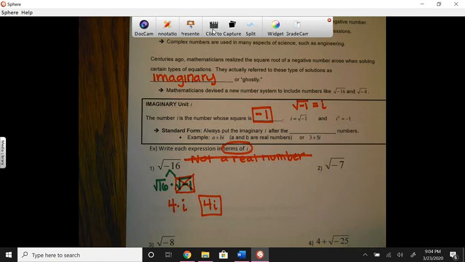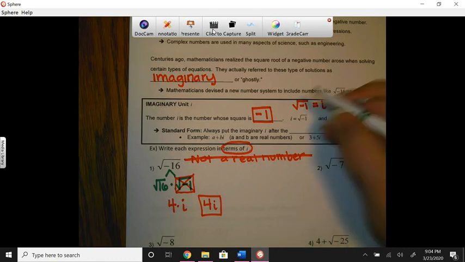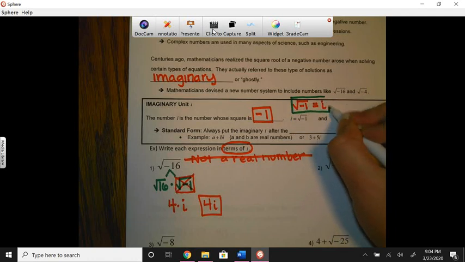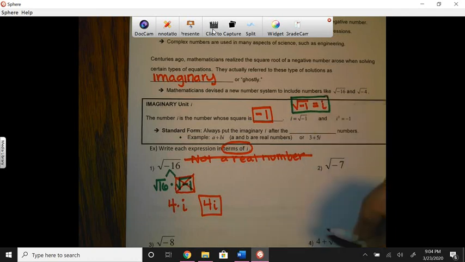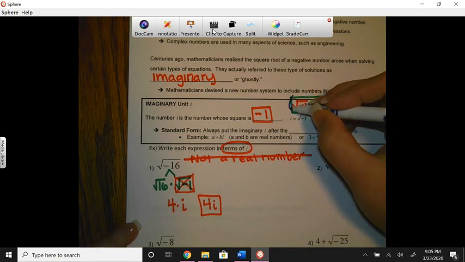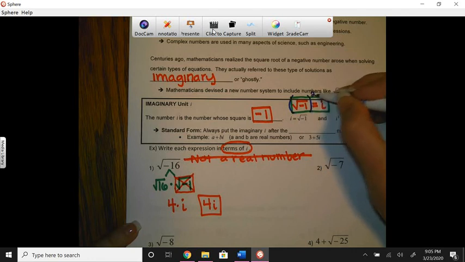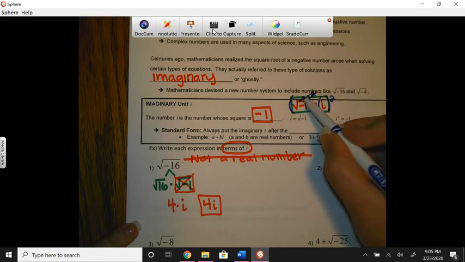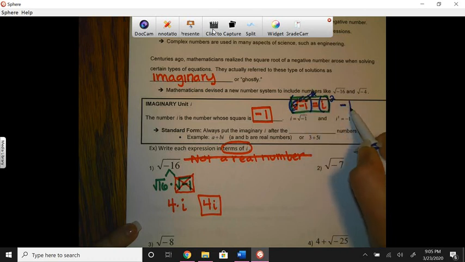So then, this is the one computation we need to do all the rest of these problems. So with that being said, if we use what we know about exponents, if we square both sides, we would get that the radical goes away, and we're left with negative 1 equals I to the second power.